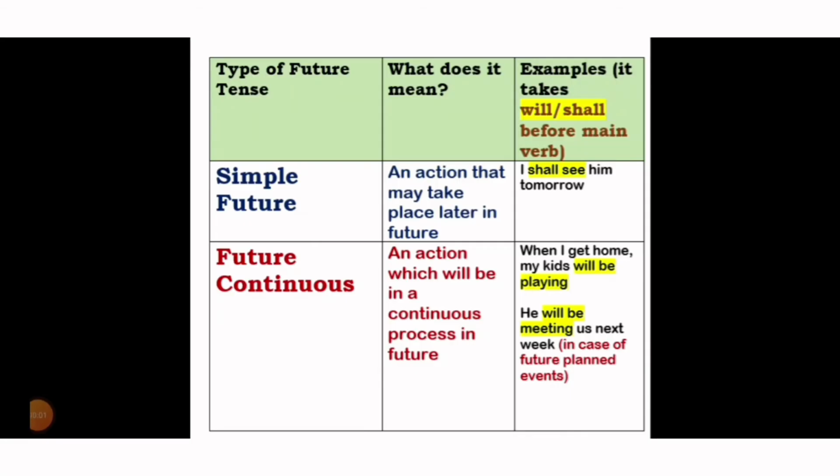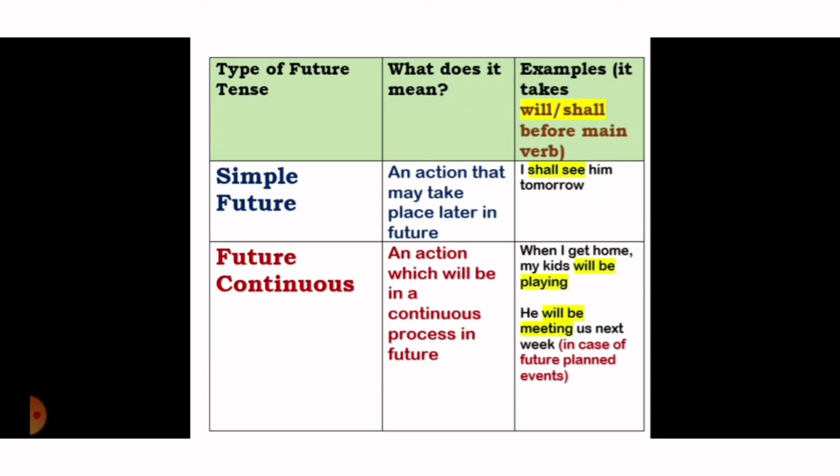Now I have divided the different types of future tenses into certain columns, which makes it comfortable to understand each of them clearly. One point we have to note is that in the future tense we will have to add will or shall before the main verb. Now let's see how this will or shall appears before the main verb in sentences.